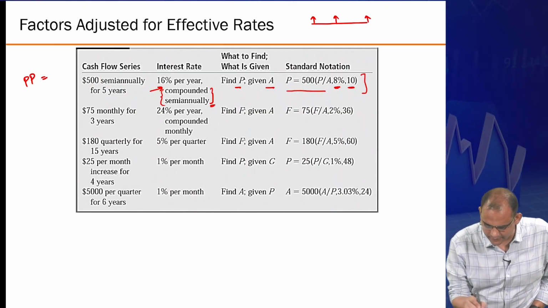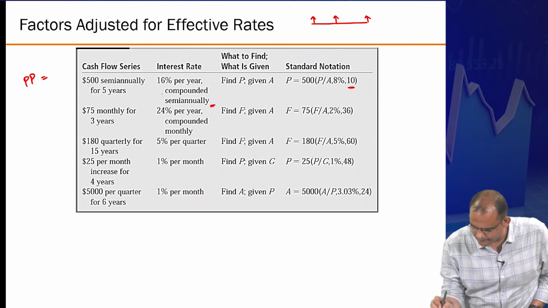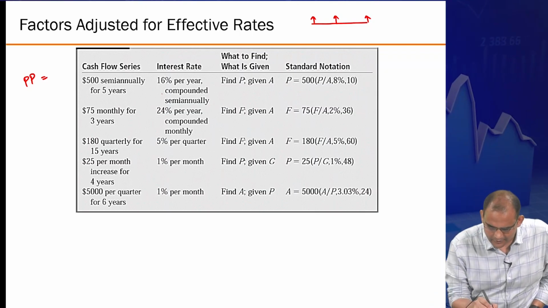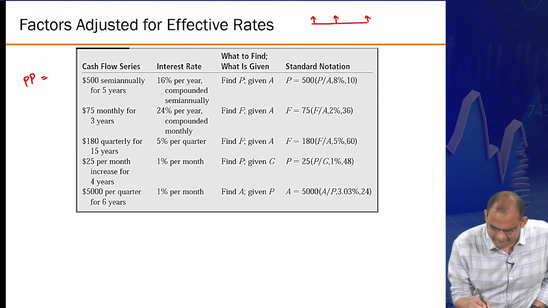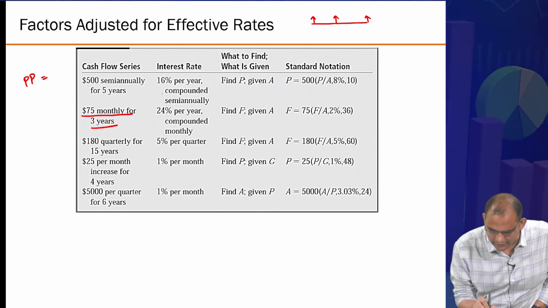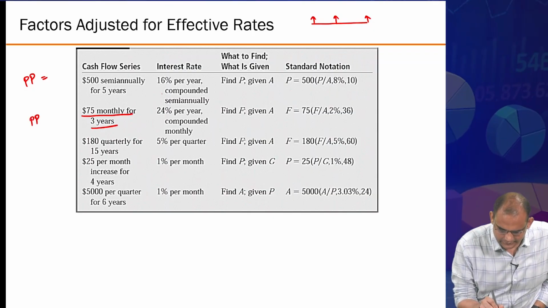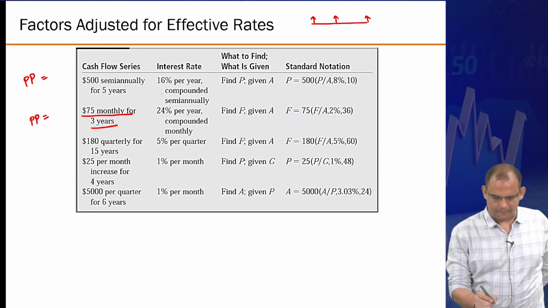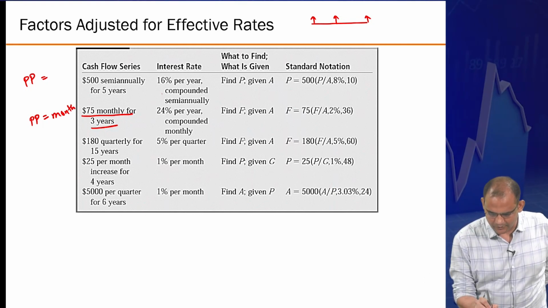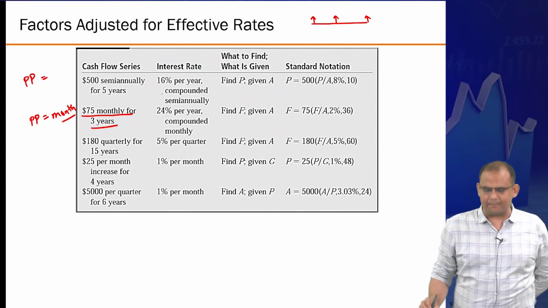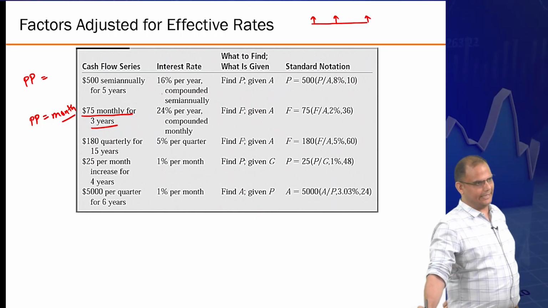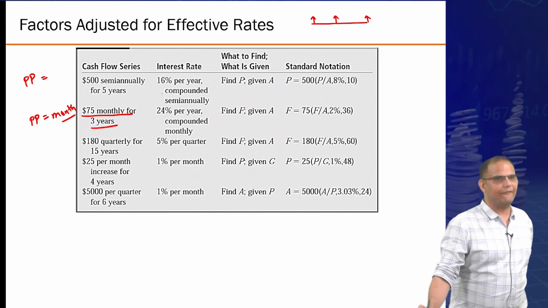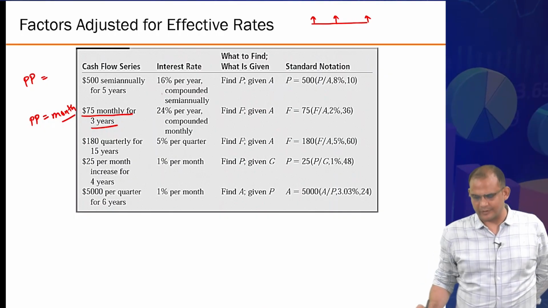Okay. Let's go to the next example. This is $75 monthly for 3 years. What is the payment period? Month. Your rate is 25% per year, compounded monthly. So what is the effective rate per month? 2%.